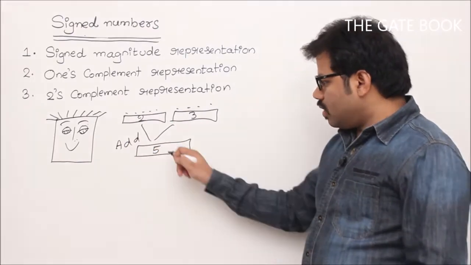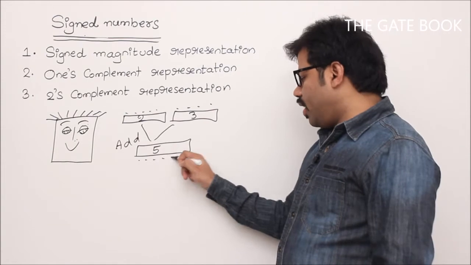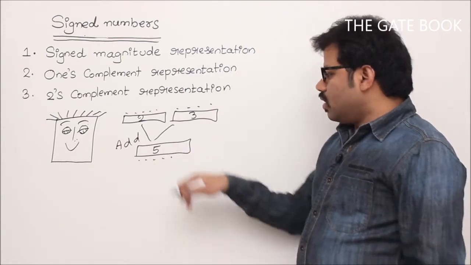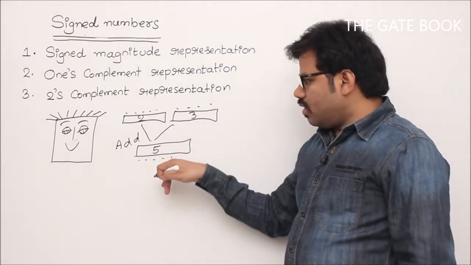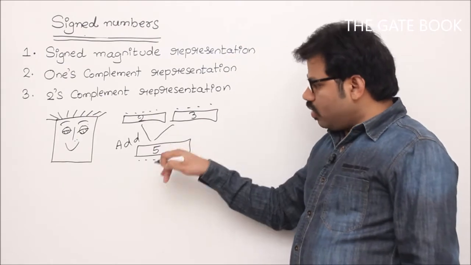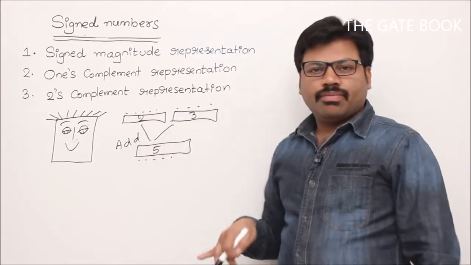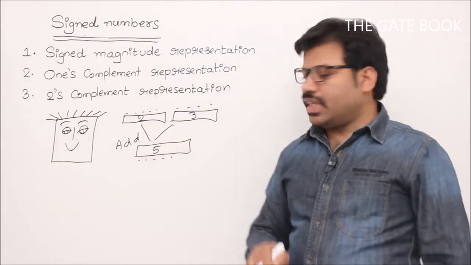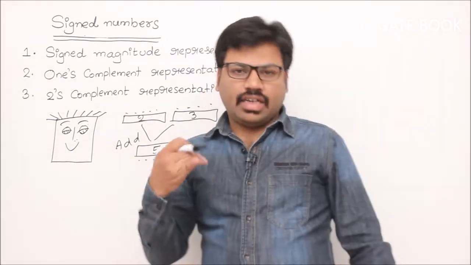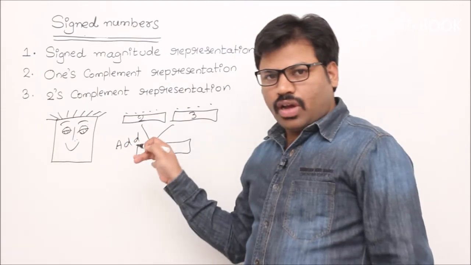Of course, in the same format, some format is given as output, but we know that it represents 5. Whenever you give 2 and 3, if the output is 5, then we say that your computer is understanding integers. That's why it was able to add them properly.